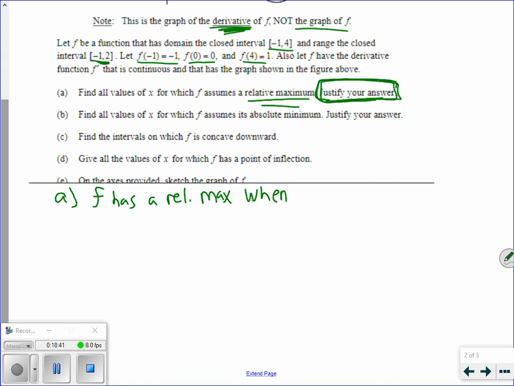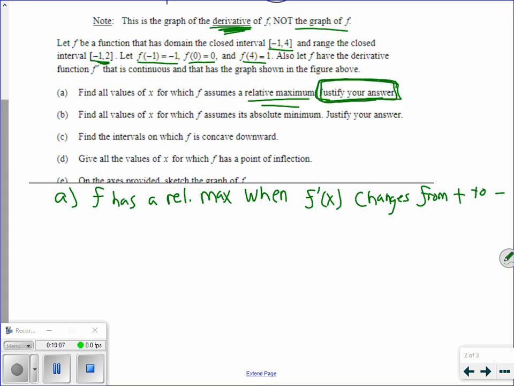What did we learn? Based off the first derivative test, f has a relative max when f prime of x changes from positive to negative, right?